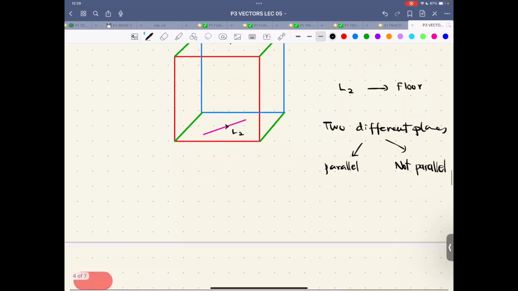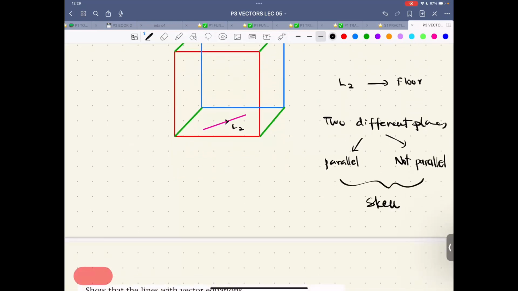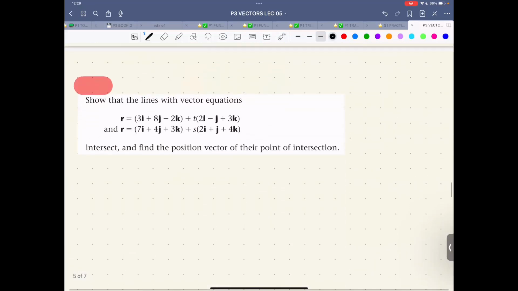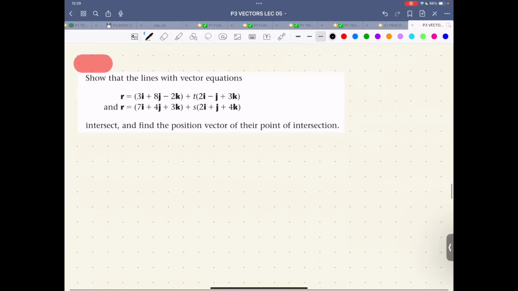Such lines, non-parallel and non-intersecting, are called skew lines, and it's the same calculation that is used for intersecting. Now, let me show it with the calculation, and then you will acknowledge me on WhatsApp whether you have understood it thoroughly or not. The calculation is the same for intersecting versus skew.